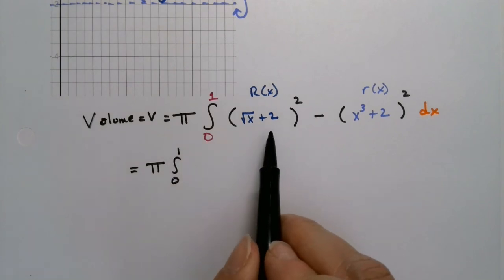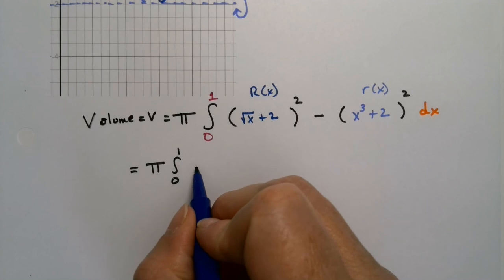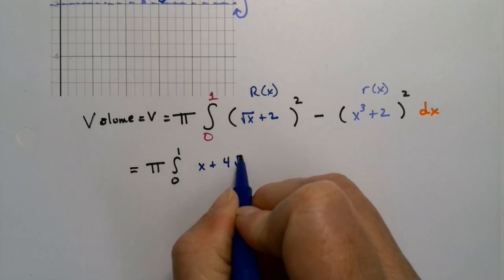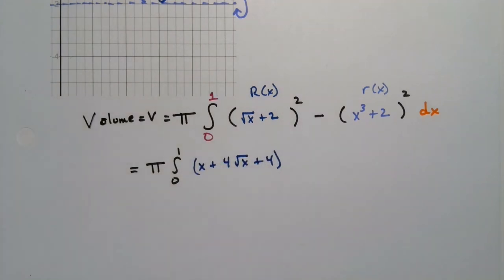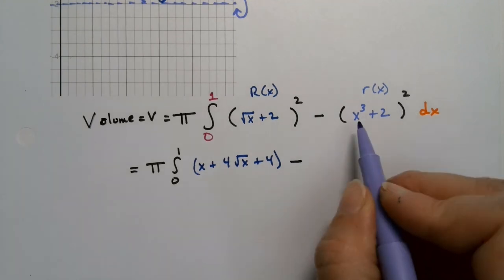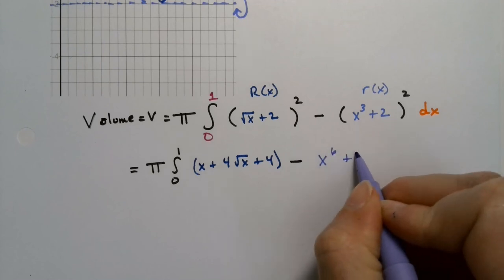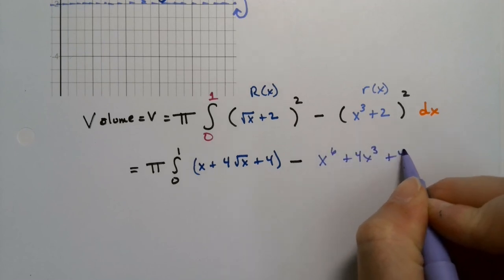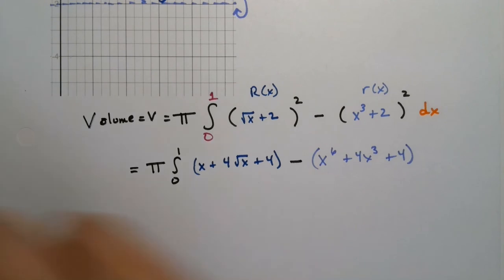I need to FOIL this, distribute it in my head. So square root of x times square root of x is x, plus 4 square root of x plus 4, minus, just doing a little bit of algebra here, I'm going to take this binomial and square it. So x cubed times x cubed is x to the 6, plus another 4x cubed, plus 4, dx.